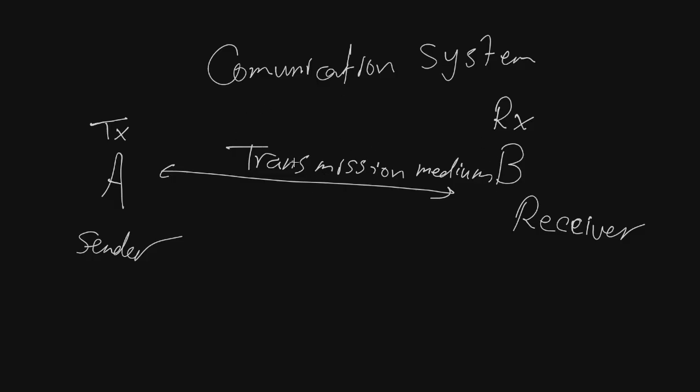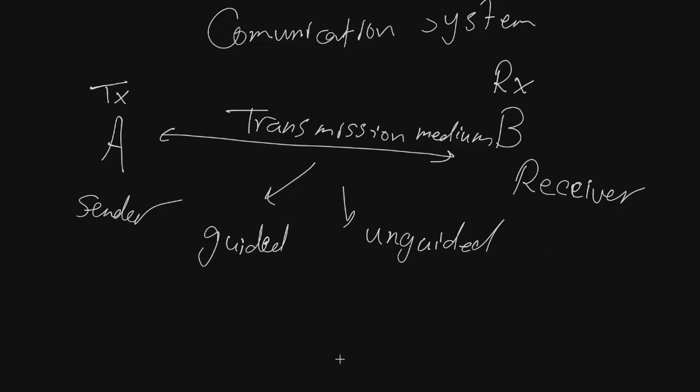The transmission medium can be either guided, like cables, for example, or unguided, usually called wireless. So A can send to B on a guided path, or on an unguided path, like just sending a wave.